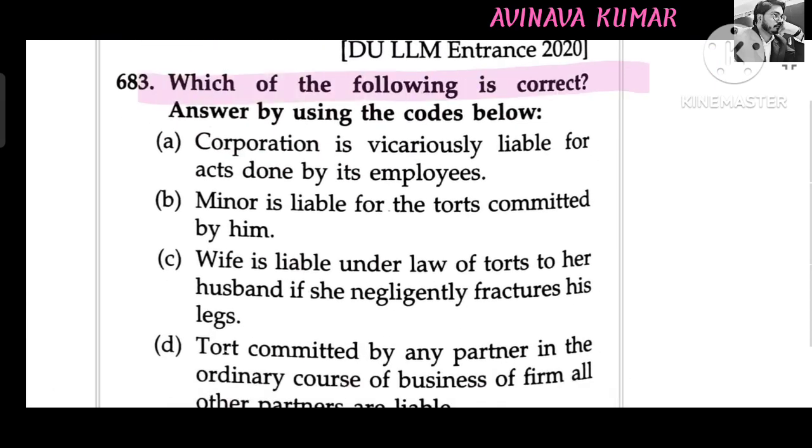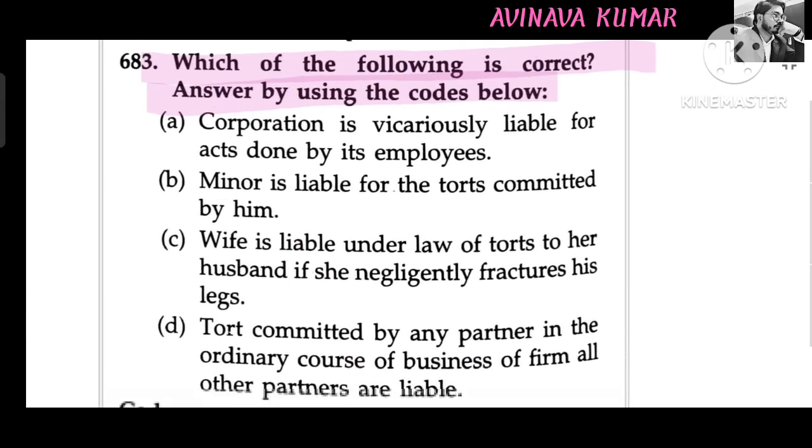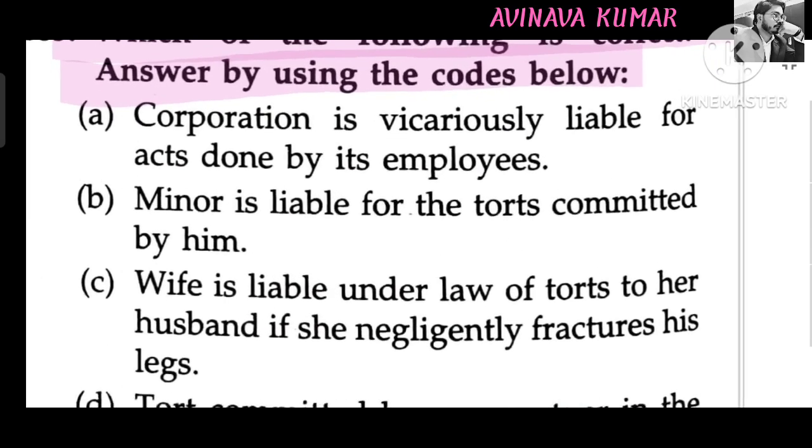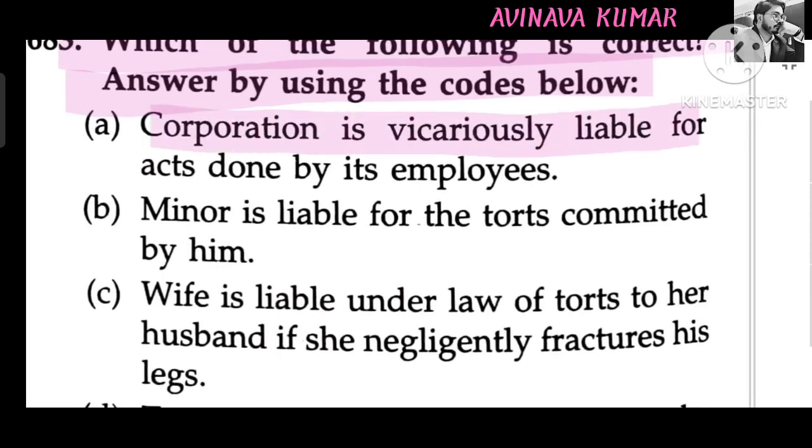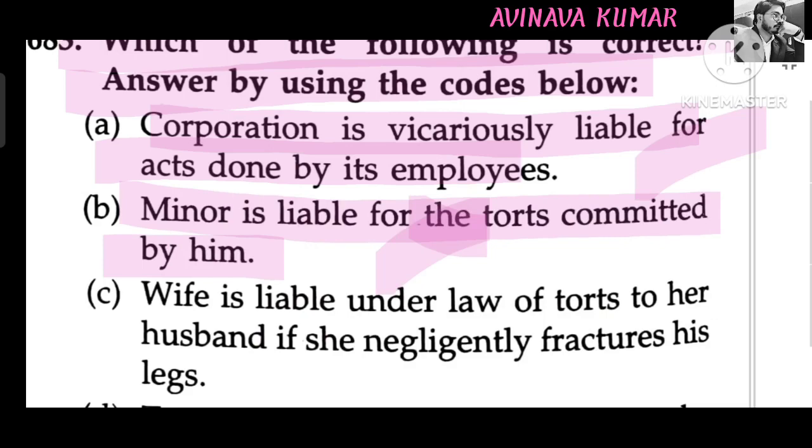Which one of the following is correct? Answer using the code below. Corporation is vicariously liable for acts done by its employee, right. Minor is liable for tort committed by him, wrong. Minor is liable for tort committed by him, not wrong, right.